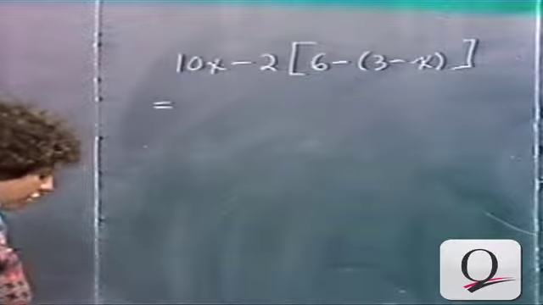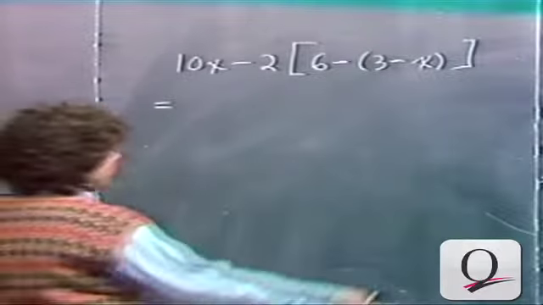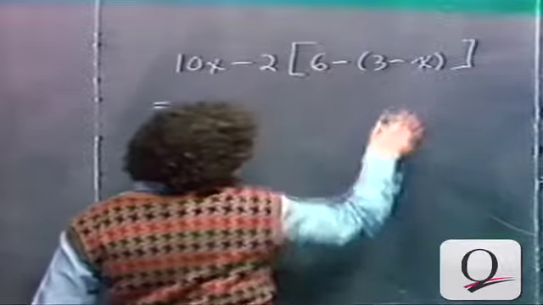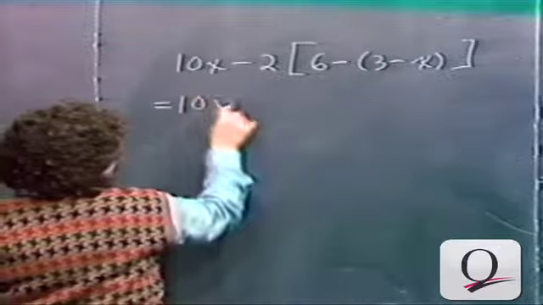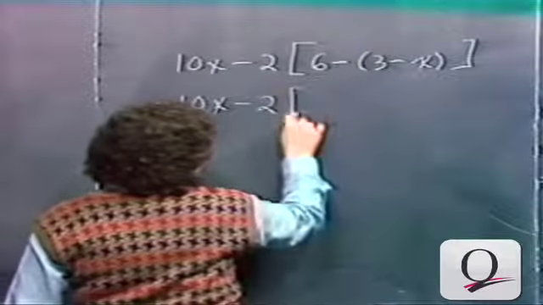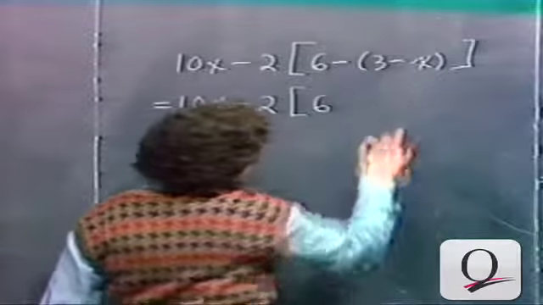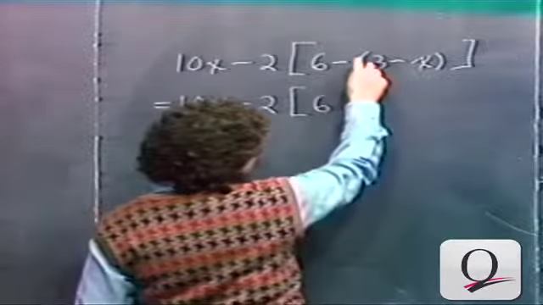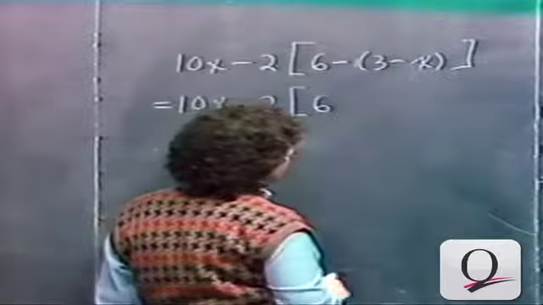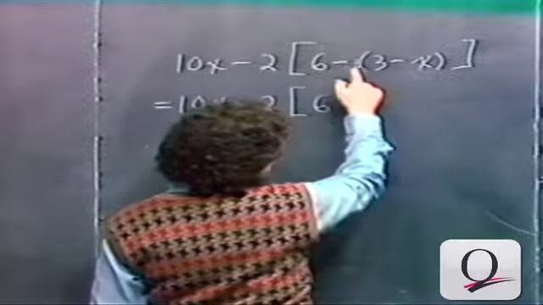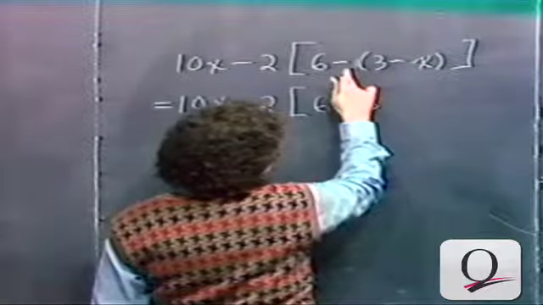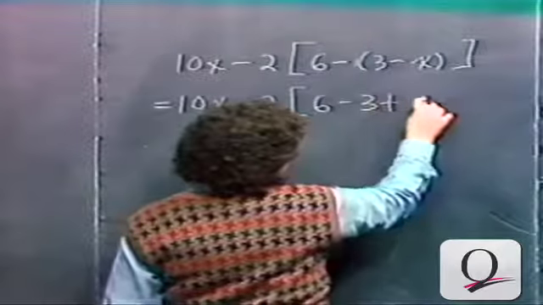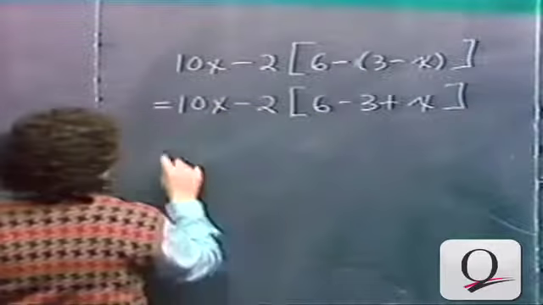Using order of operations, we're going to work from the innermost grouping symbols out. So I'm just going to leave this as 10x minus 2, 6. Now, the innermost parentheses, we're going to distribute the minus sign, or a minus 1, through these parentheses, giving us minus 1 times 3, minus 3, minus 1 times minus x, plus x.